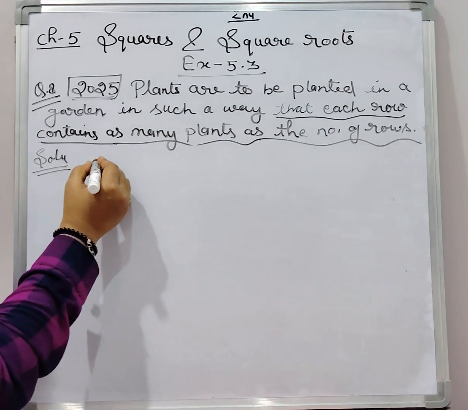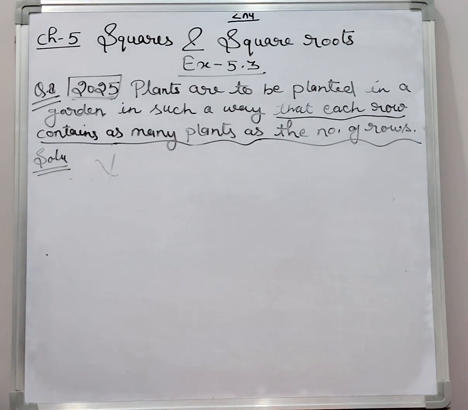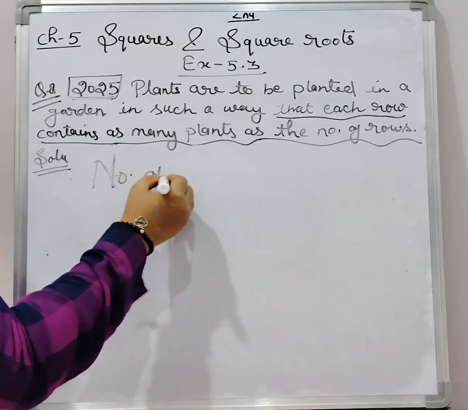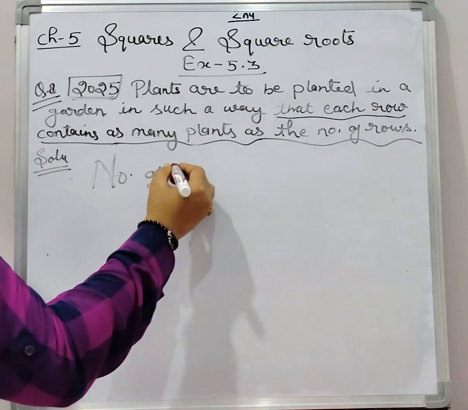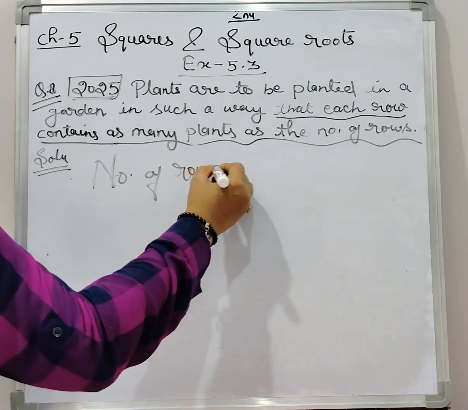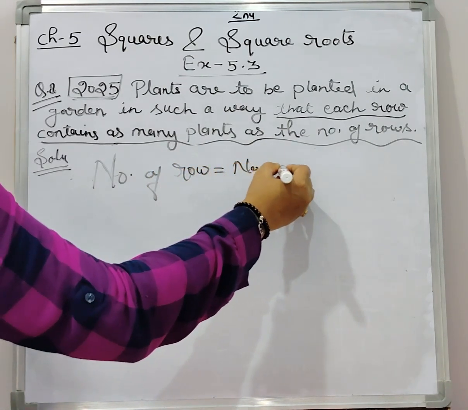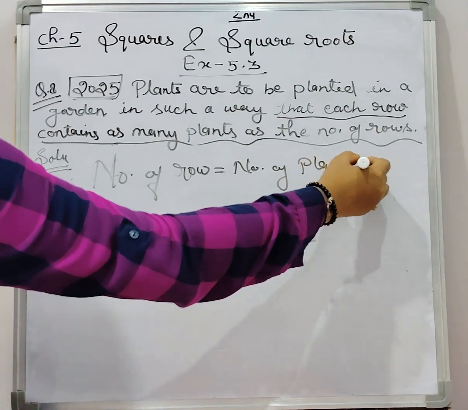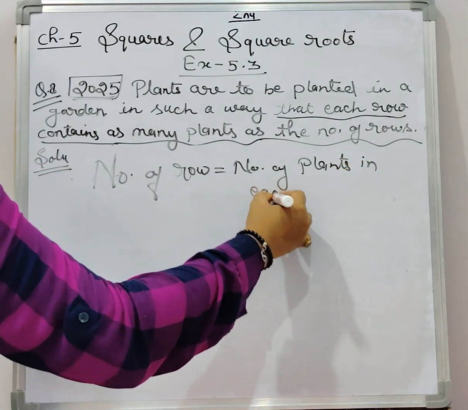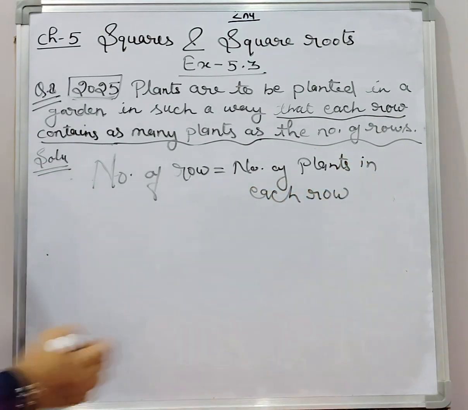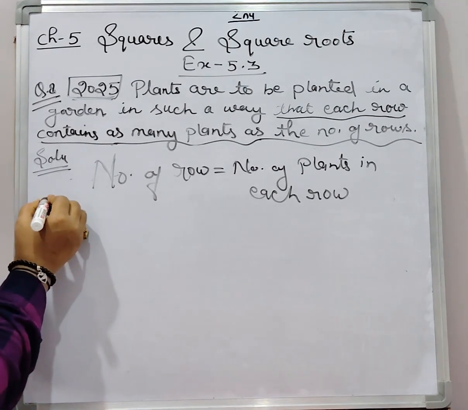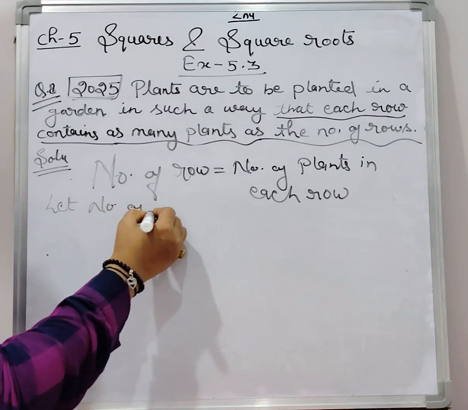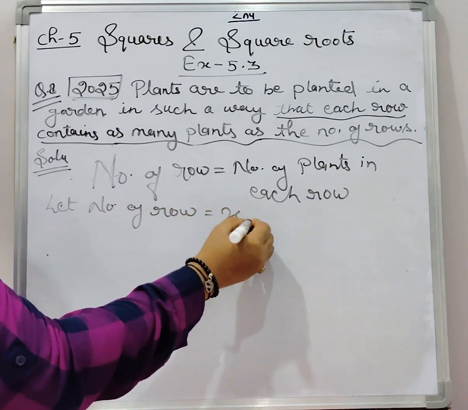So here you can say the number of rows is equal to the number of plants in each row. And after that, let the number of rows be x.